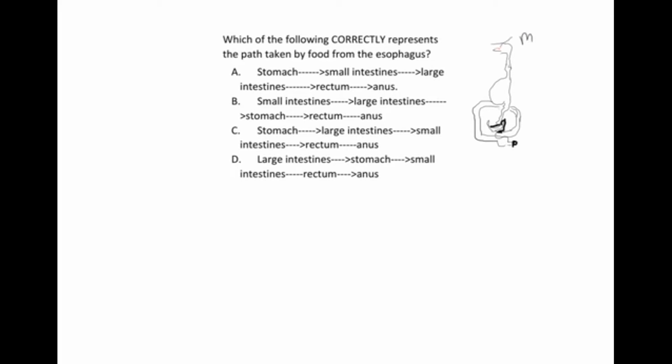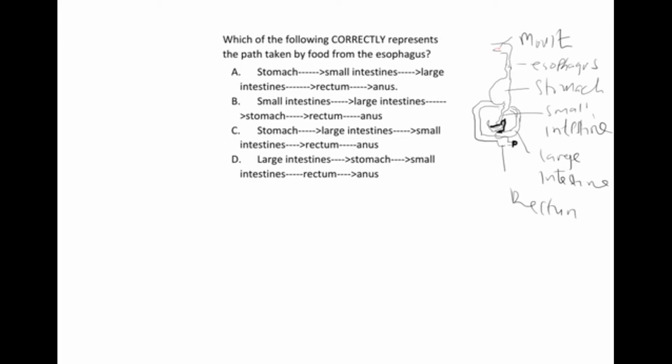Here we have the mouth, we have the esophagus, we have the stomach, we have the small intestine, we have the large intestine, this part is called the rectum, and then we have the anus, which is the last one here.